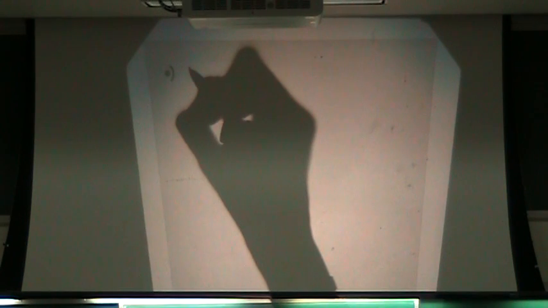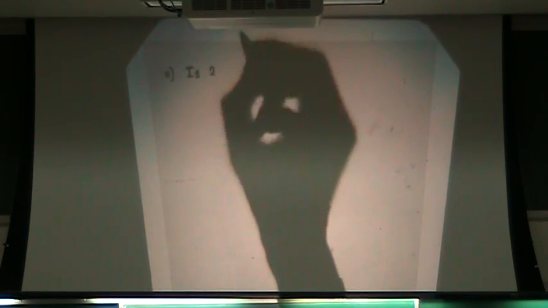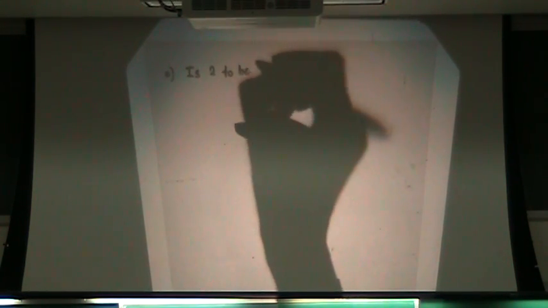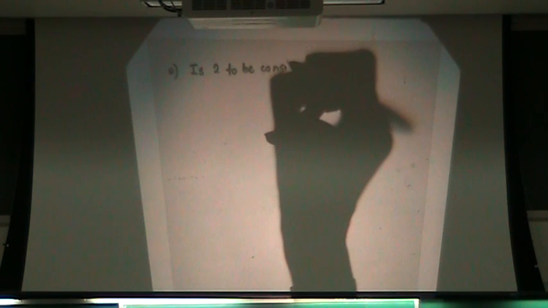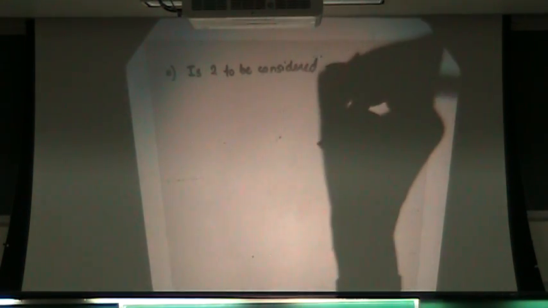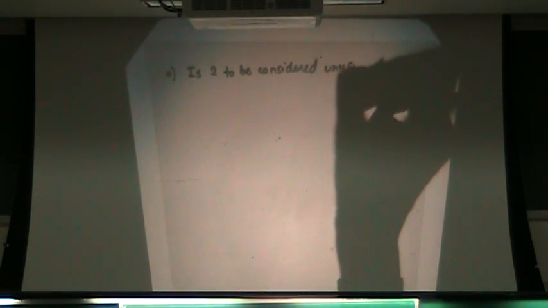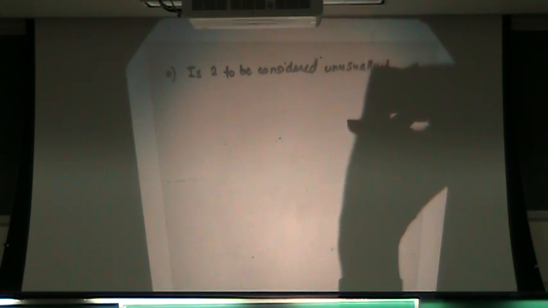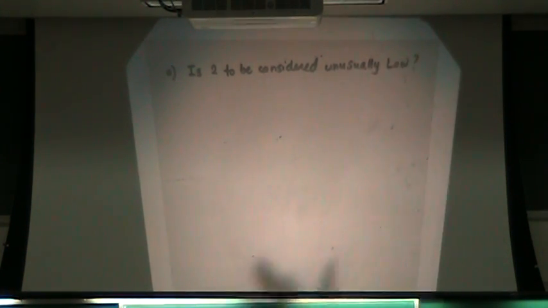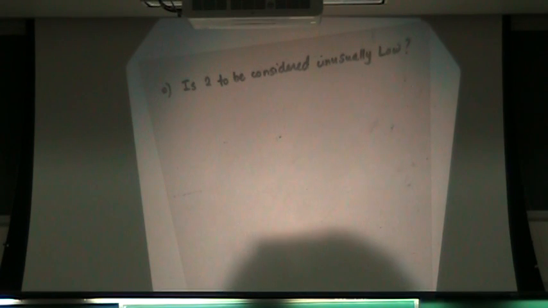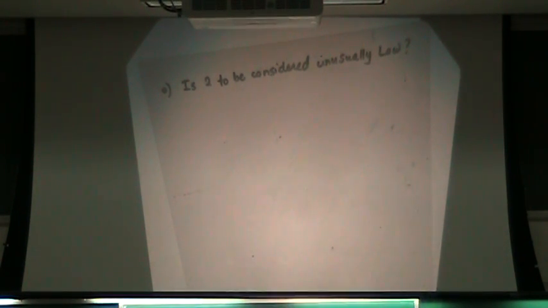But on your exam, you wouldn't have found that distribution, so you would have to figure out what those probabilities are. So let's make a part O. Is 2 to be considered unusually low? What do you think?